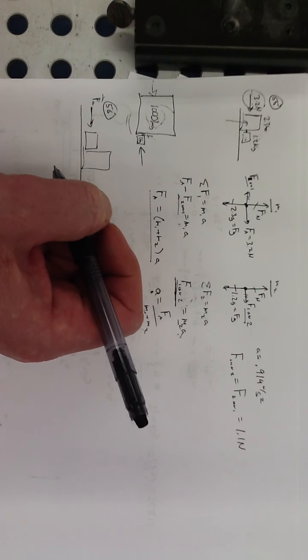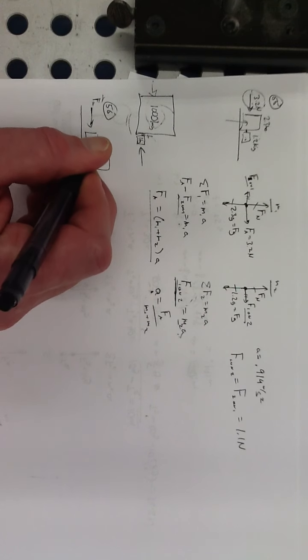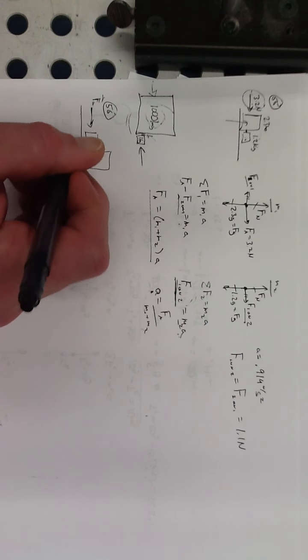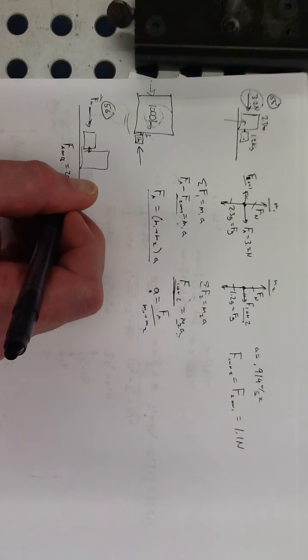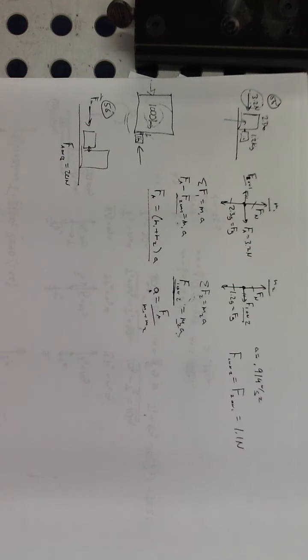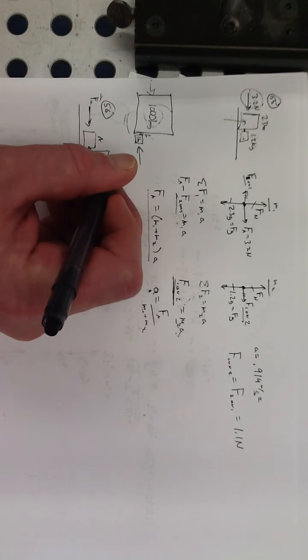This applied force. Okay, so this time they're telling us the magnitude of the interblock force is 20 newtons. So that's what it is when the blocks are oriented this way.